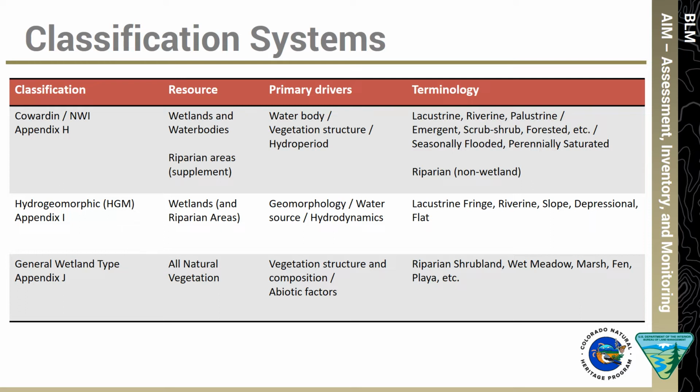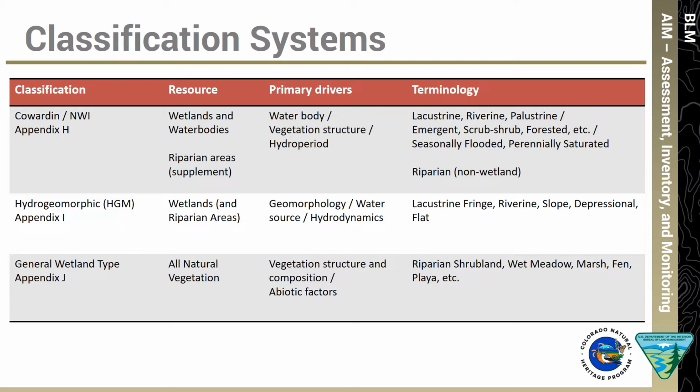A separate supplement to the classification also includes drier riparian areas. The primary drivers of this hierarchical classification are water body first, then vegetation structure, then hydroperiod or water regime. Some examples of terminology used in each level in the hierarchy include the words lacustrine, riverine, palustrine, emergent, scrub-shrub, forested, seasonally flooded, permanently saturated, and many more.